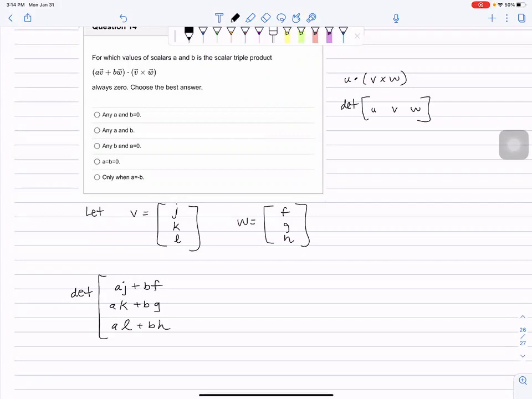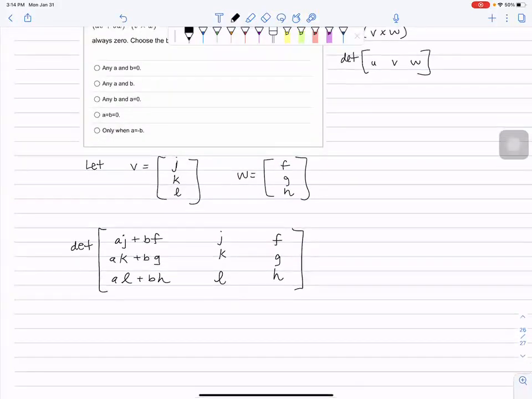That's our first column. The next column we put V, which is JKL. Last column, we put W, which is FGH. So we want to find the determinant of this.